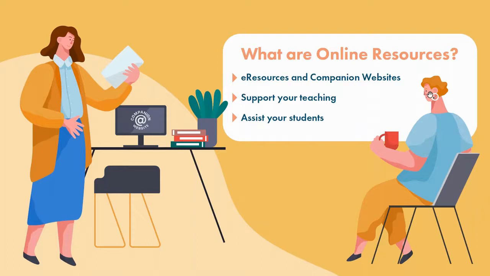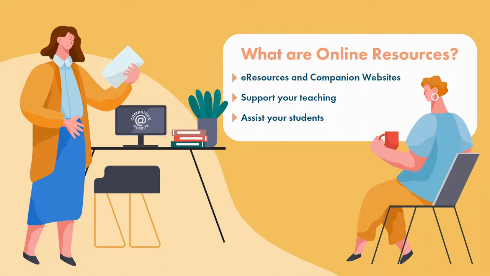Okay, so to start off with, what are online resources? They might be something that many of you are familiar with, or they might be entirely new to you and your teaching practices, something you might have seen but never used. For us at Taylor & Francis, our online resources are designed to be as helpful to you as possible in a variety of ways, and many of our textbooks come with supplementary online content and resources to help you and your classes.